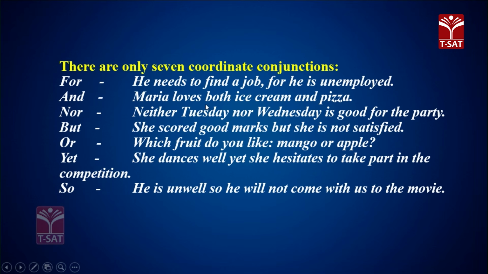Ice cream and pizza, these two are connected with the coordinate conjunction and. Nor: Neither Tuesday nor Wednesday is good for the party. Tuesday and Wednesday belong to the same part of speech.